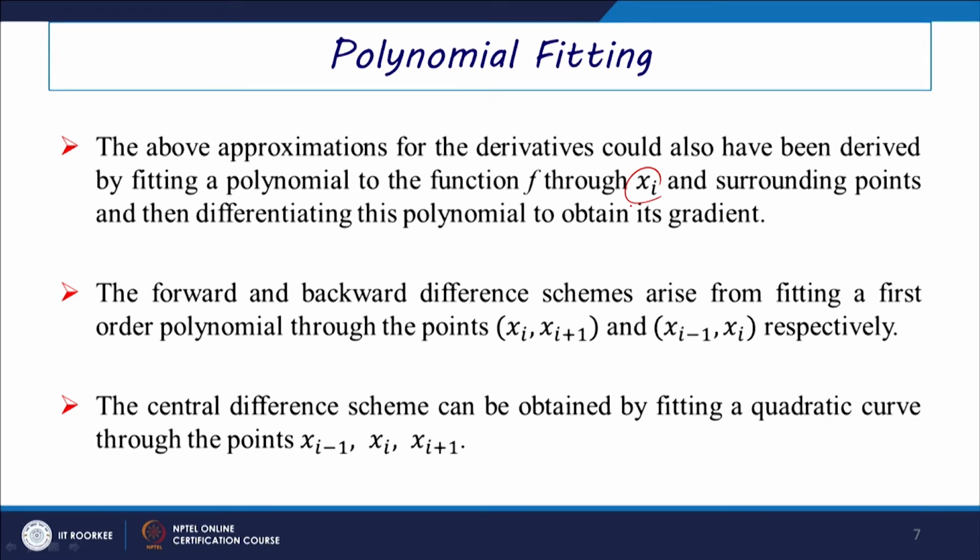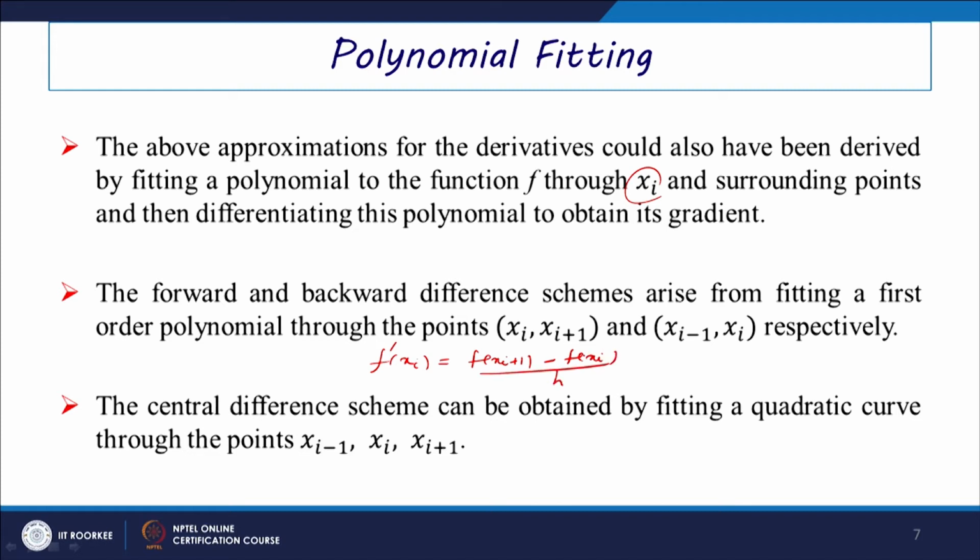The forward and backward difference schemes arise from fitting a first order polynomial through the points xi, xi plus 1, and xi minus 1, xi. In the forward difference formula, at a particular point, f dash of xi can be written as f of xi plus 1 minus f of xi divided by h.